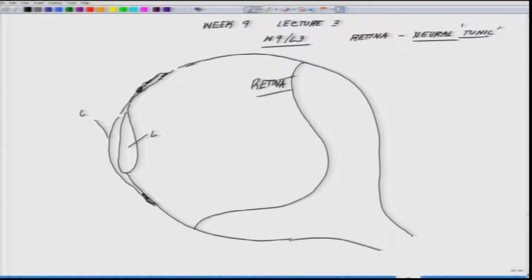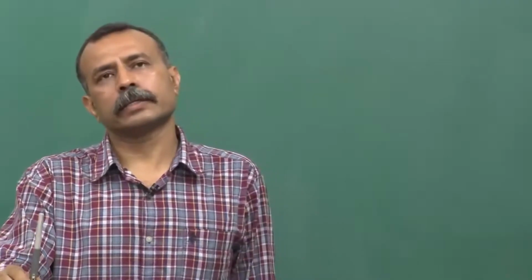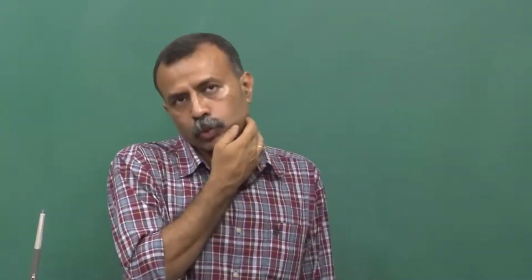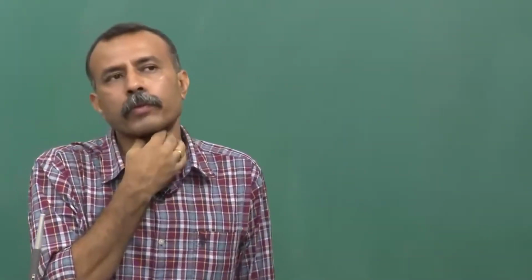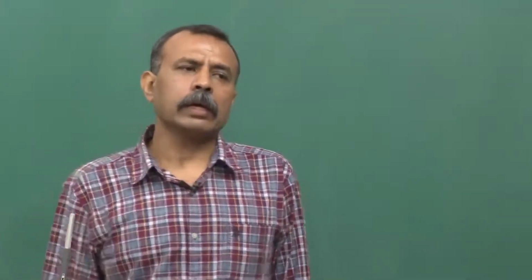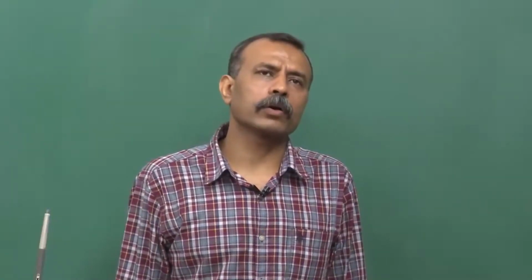This layer has photoreceptor or light sensitive cells, which are called photoreceptor cells. The two kinds of photoreceptor cells involved in coding for black and white images and color images are called rods and cones respectively.